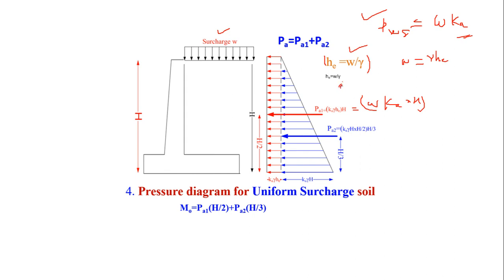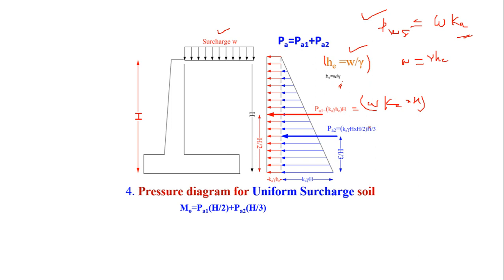But from an online exam point of view, they might ask the question on He. And the second distribution is triangular. So the area is half base, K into gamma into H, into height H, so K gamma H square by 2.